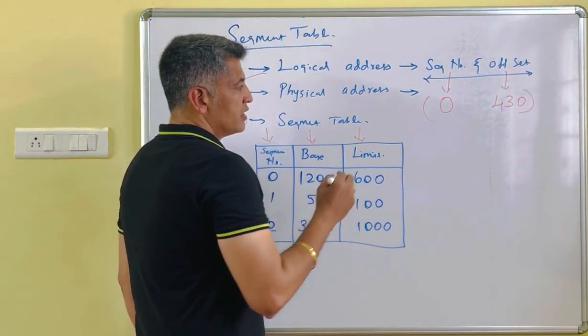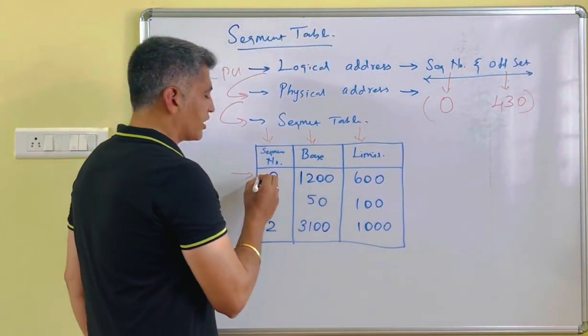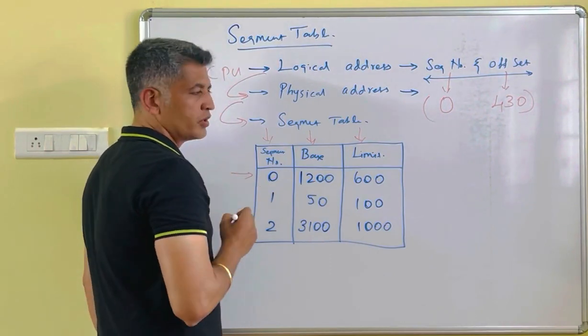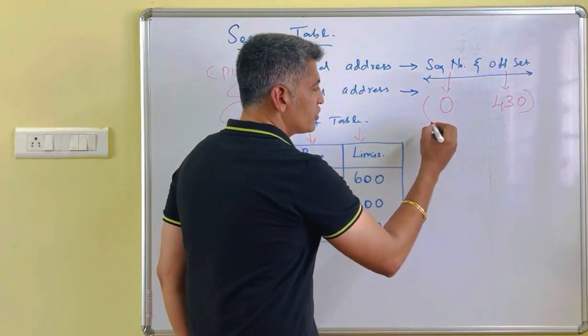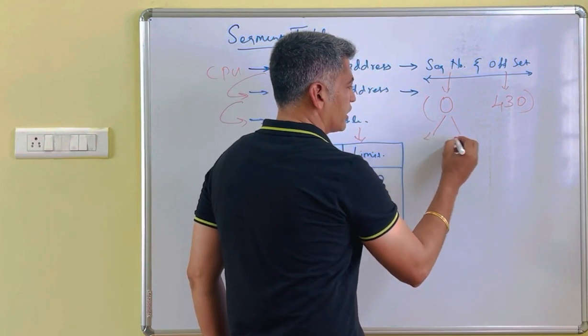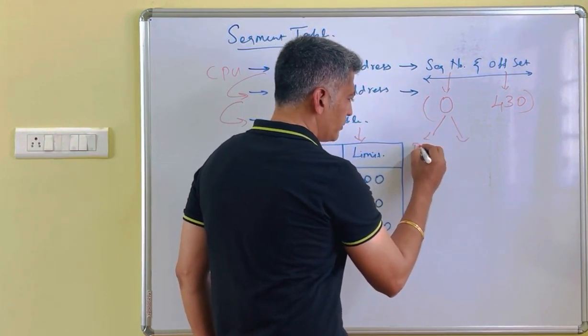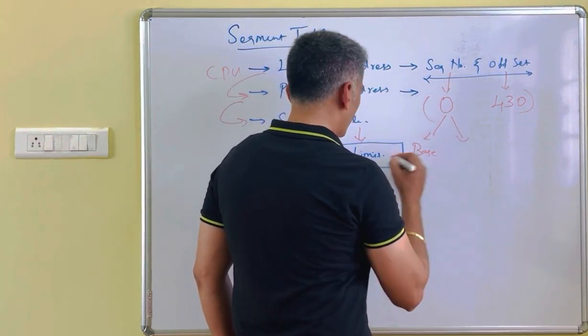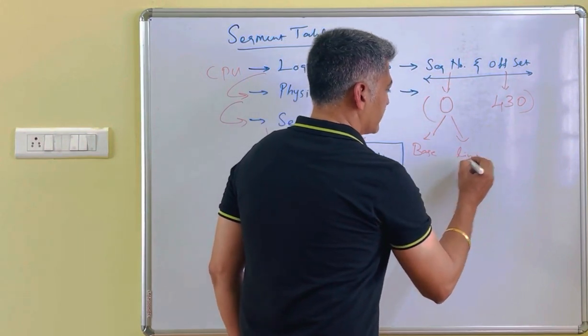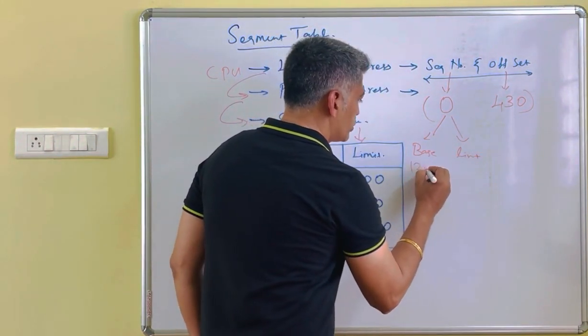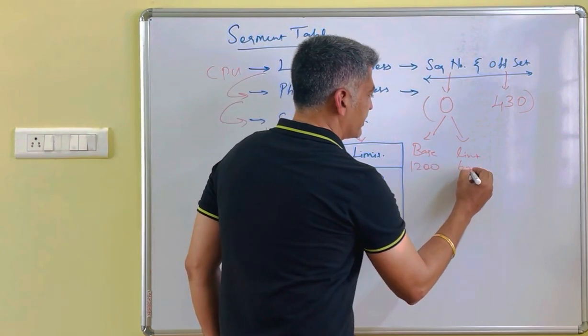Segment number 0 automatically maps here, and it again has two components: the base address and the limit. The base address is 1200 and the limit is 600.